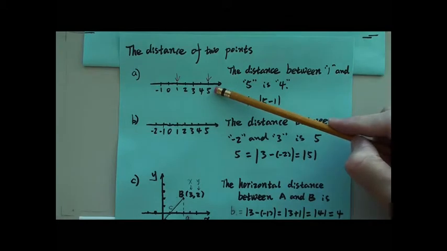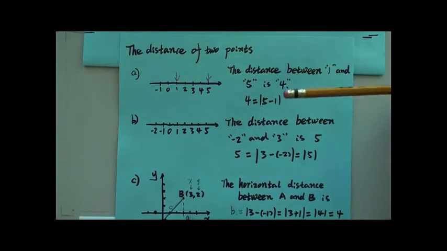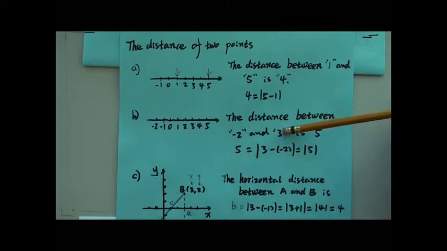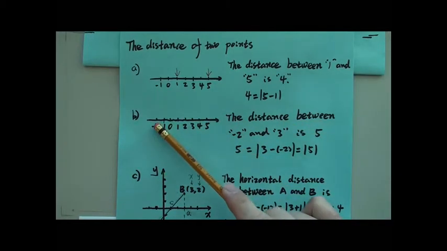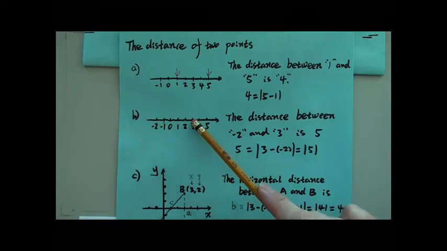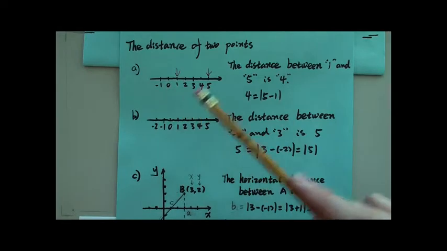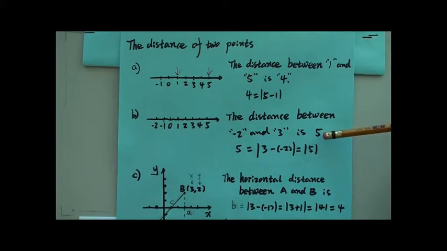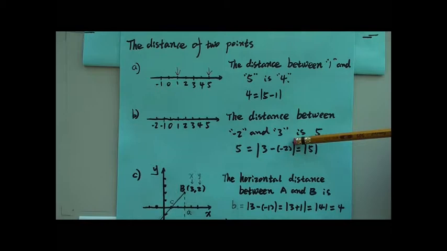Those 1 and 5 are positive numbers. If we look at negative 2 and 3, negative 2 is here, 2 units to the left, and 3 is 2 units to the right. So what's the distance? Everyone knows it's 5. How did we find out? It's again the difference of two numbers: 3 minus negative 2.